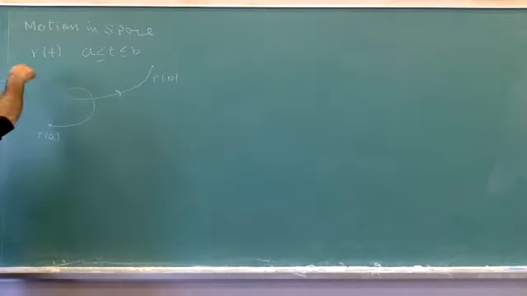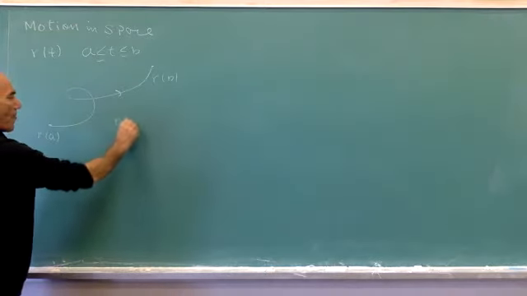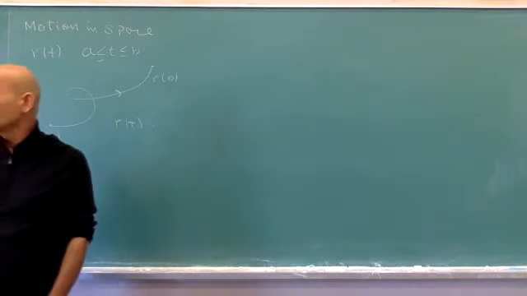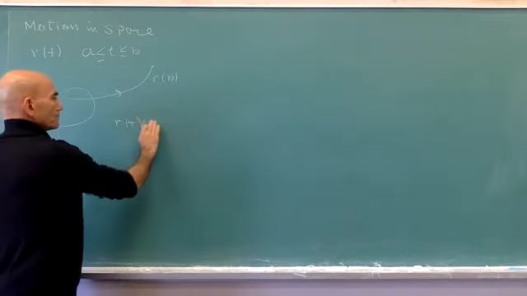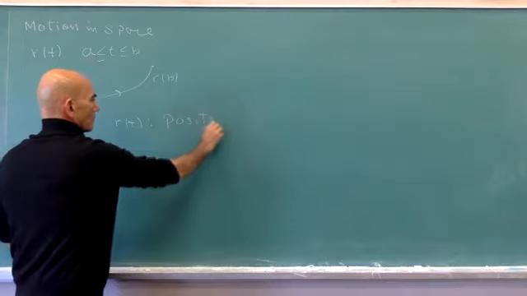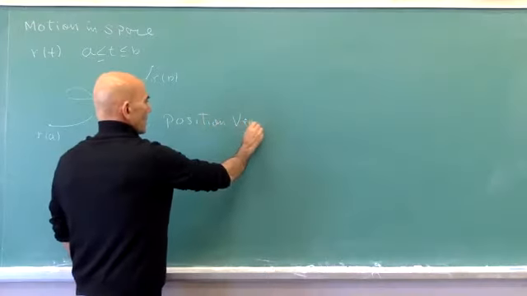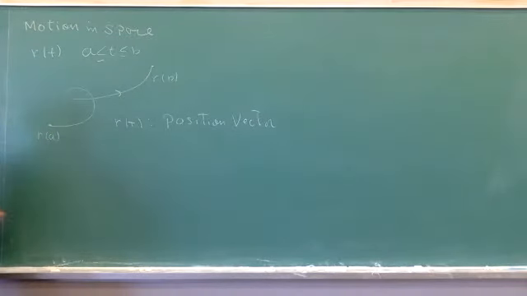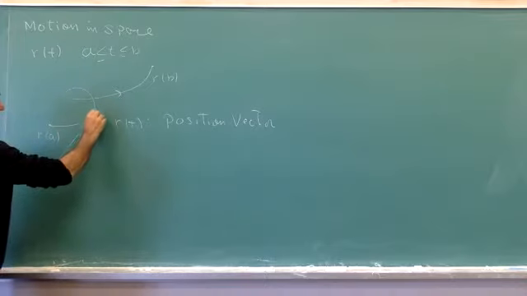Of course, this R of t is also called the position vector. It just tells us at each moment in time where this particle is compared to the origin, which is here, for example. So this is R of t.